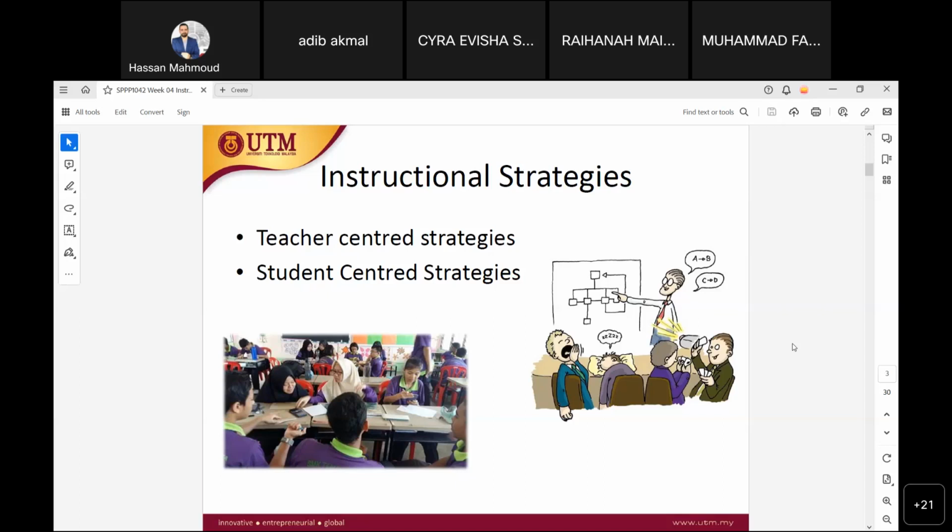On the other hand, we have student-centered strategies, where the students take part in the teaching and learning process. Okay, this is the difference between these two. You need to understand this to be able to differentiate, because there are many examples of teacher-centered and student-centered strategies. So you need to be able to differentiate between these two, right?